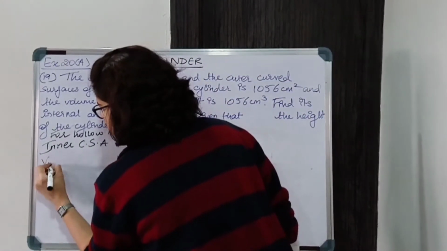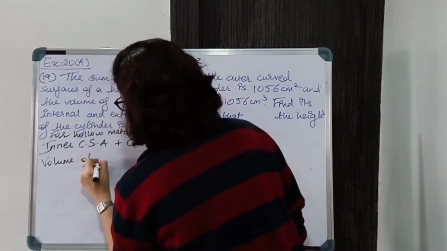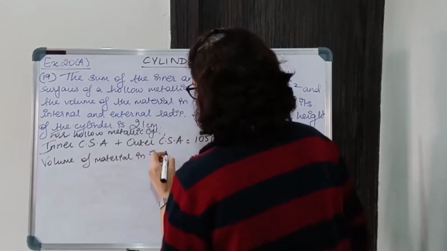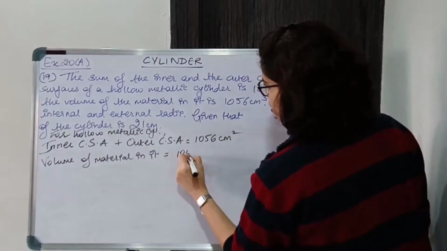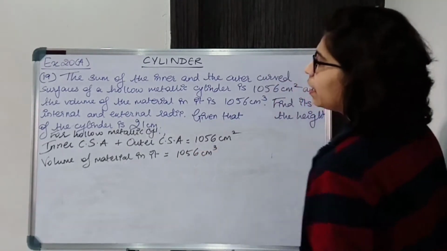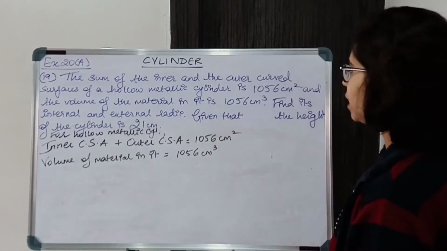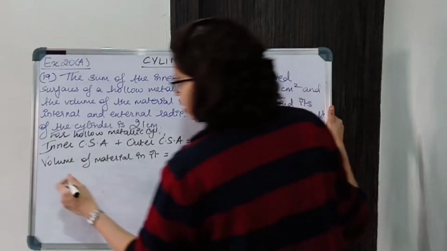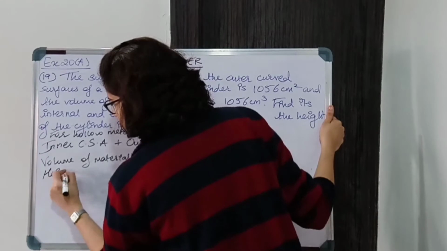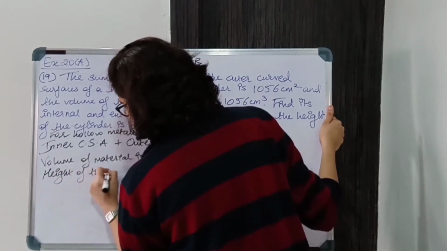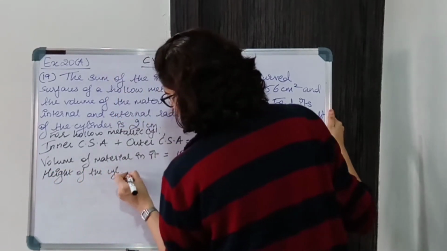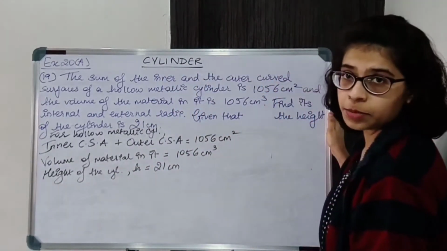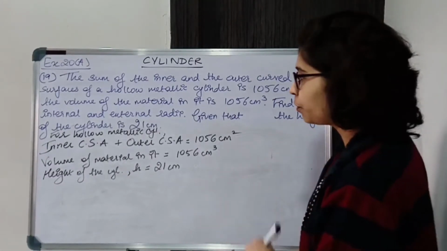So volume of material in it is equal to 1056 centimeter cube. Also, you are given the height of the cylinder, 21 centimeter. Everything is in centimeters, so you don't need to convert anything over here.